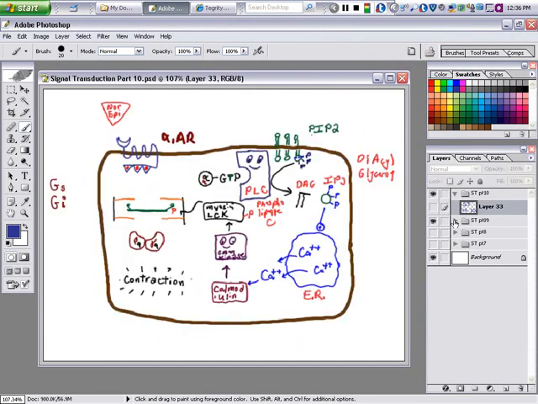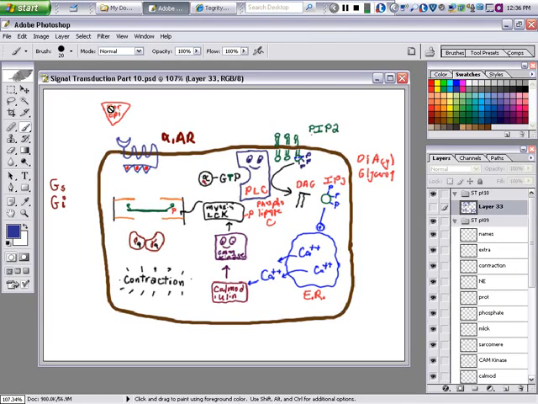Remember last time we were doing the alpha-1 adrenergic receptor. Is it inhibitory or stimulatory? Alpha-1 is stimulatory. So this is what happens: norepinephrine or some sort of alpha-1 adrenergic receptor agonist binds to the receptor and turns it on.